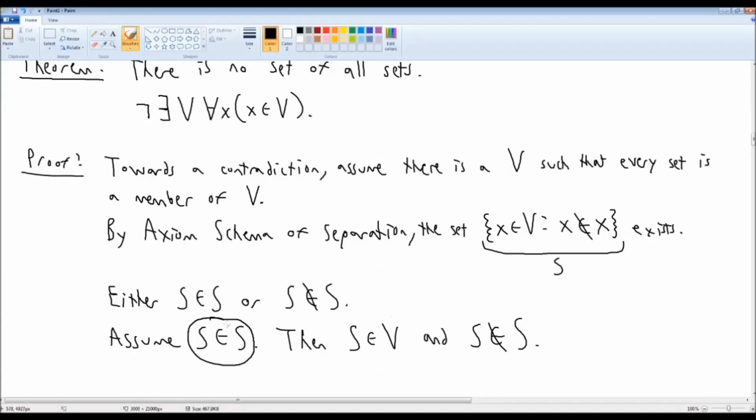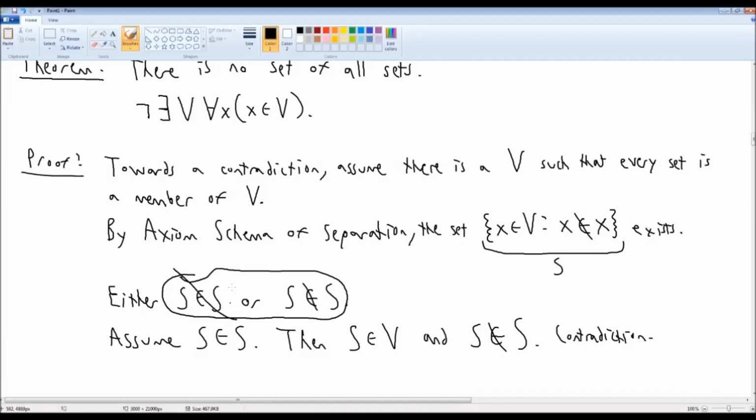Because we assume this is true, but then we prove that it wasn't true. This contradicts our assumption S is a member of S. Since we said earlier that one of these possibilities must be true, since we know this one's false, that means this has to be true. So that means S is not a member of S.